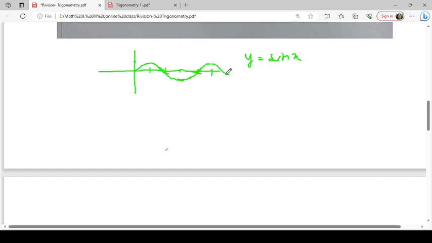So in this interval, 0 to twice pi, after getting twice pi, it again repeats the same value, the same graph. Similarly in the negative direction also. In between, this is plus 1, this is minus 1. So these values repeat.